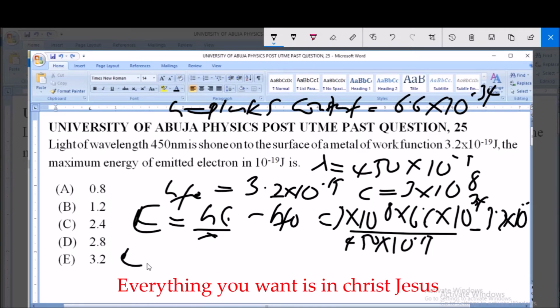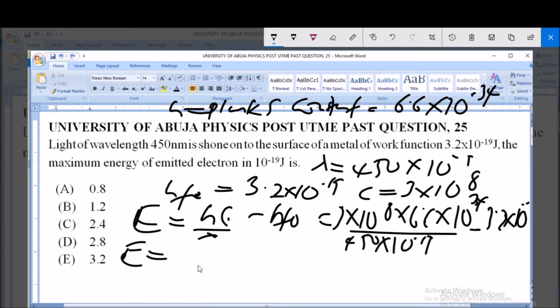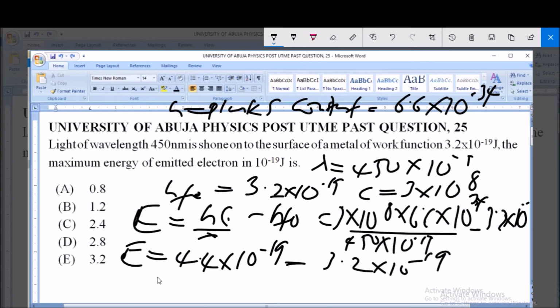So we have that our maximum energy E will be, when you punch everything in your calculator, 4.4 times 10 raised to the power of minus 19 minus 3.2 times 10 raised to the power of minus 19. So your energy E becomes 4.4 minus 3.2 times 10 raised to the power of minus 19, and you get 1.2 times 10 raised to the power of minus 19.